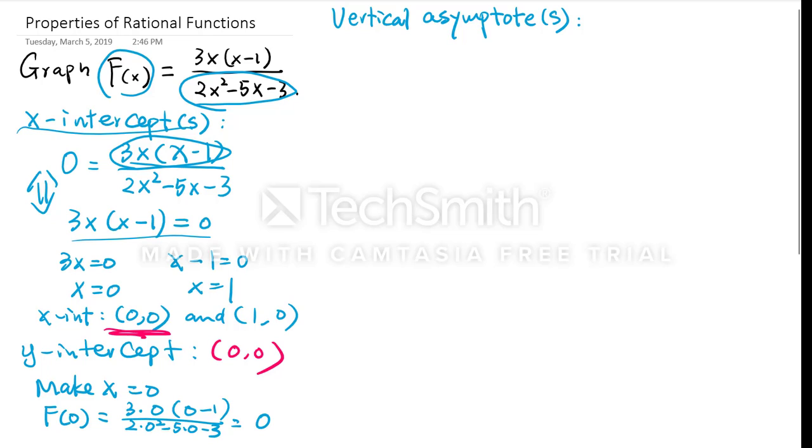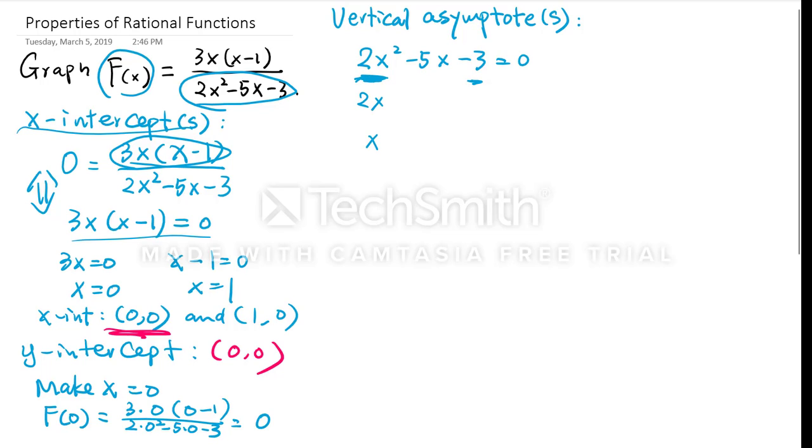You want to make the denominator equal to 0 and try to find the zeros of this function. To solve this equation, this is a trinomial equation with leading coefficient not equal to 1. So you want to factor the first term, the leading term, and the constant term here. Factor the leading term, you will have 2x times x, that's the only option.